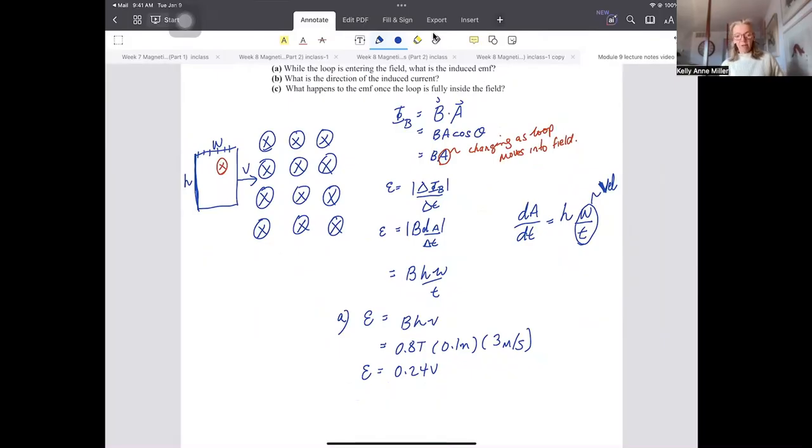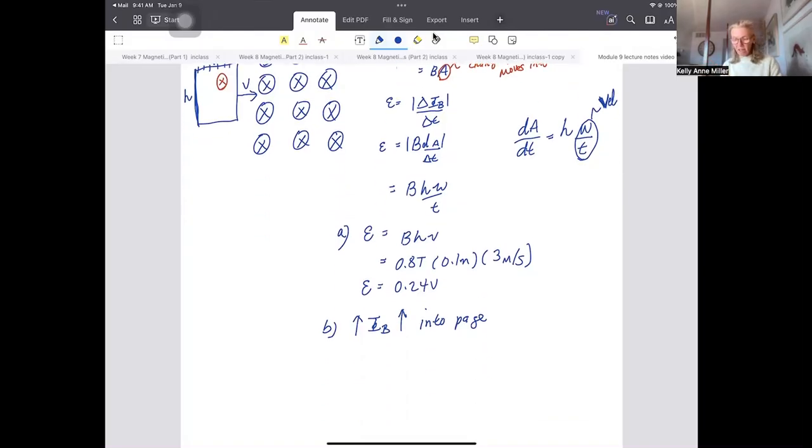What is the direction of the induced current? Okay, that's part B. So the flux is increasing, and it's increasing into the page, right? As the loop gets dragged in, the flux going through the loop is increasing. Which direction is it pointing? It's pointing into the page.